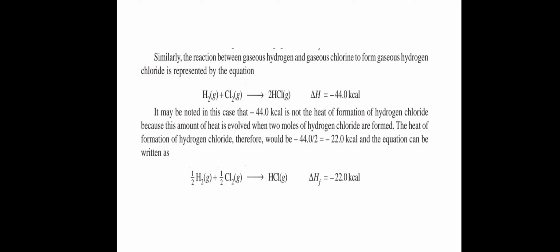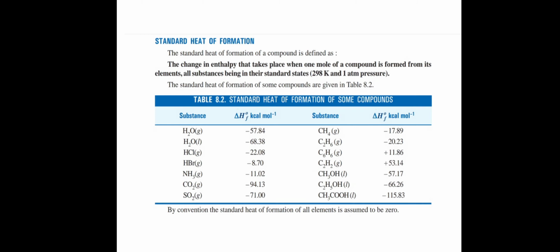So I hope you understand the actual concept of heat of formation. Now the next point is standard heat of formation. We have discussed in previous lectures that when the word standard comes, it means temperature 298 Kelvin and pressure 1 atmosphere.